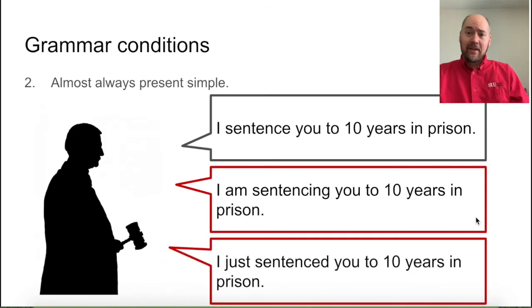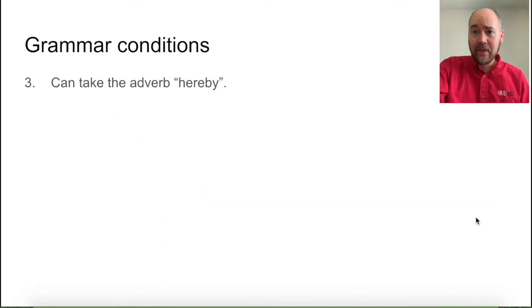And then the past tense is never performative because I just sentence you describes an action that by definition occurred before, not an action that's occurring right now. So yeah, performatives are almost always present simple. So I declare, I sentence, I announce, etc.